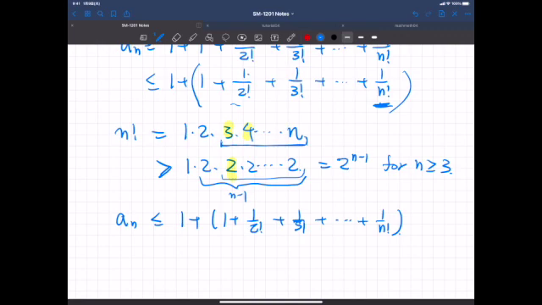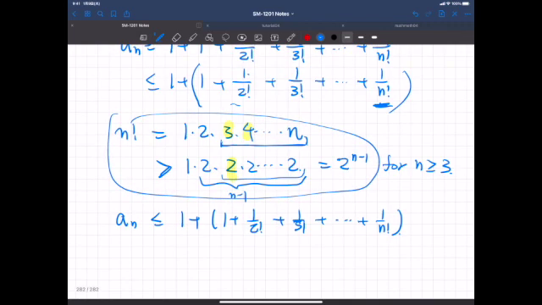Then using this inequality, this is, actually strictly, less than 1 plus 1 plus, so 2 factorial is greater than 2, and 3 factorial is greater than 2 to the power of 2.